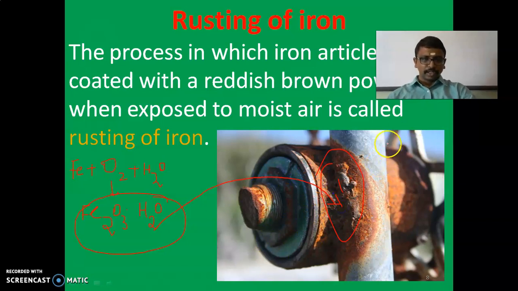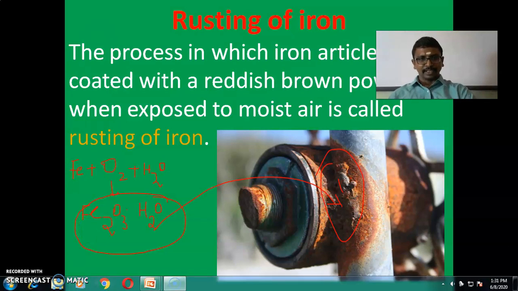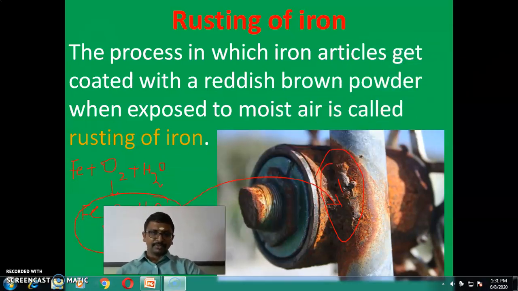That's why the iron is converted to a reddish brown layer. This reddish brown layer is iron oxide. Now we can see the definition for rusting of iron. The process in which iron particles get coated with a reddish brown powder when exposed to moist air is called rusting of iron.